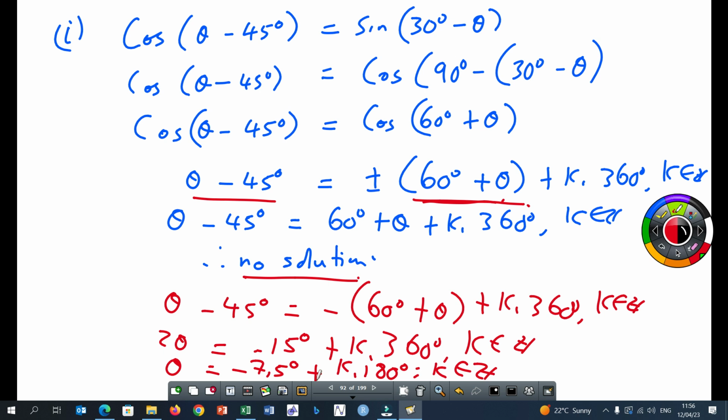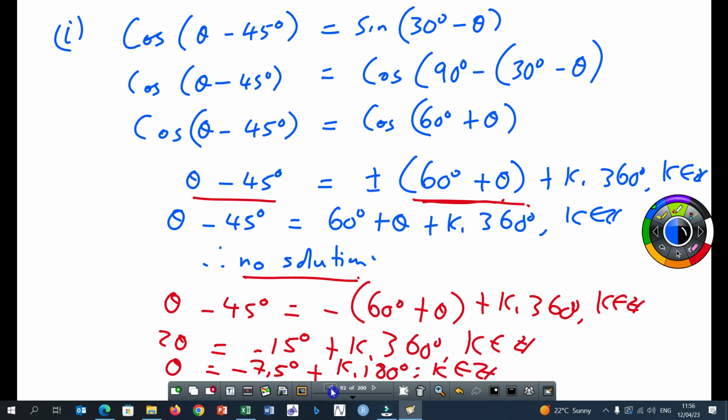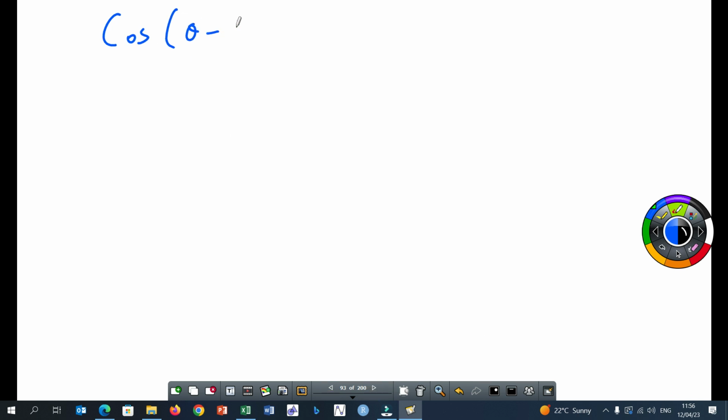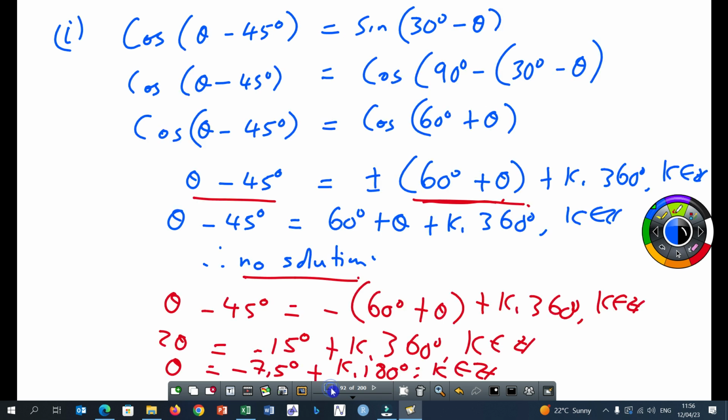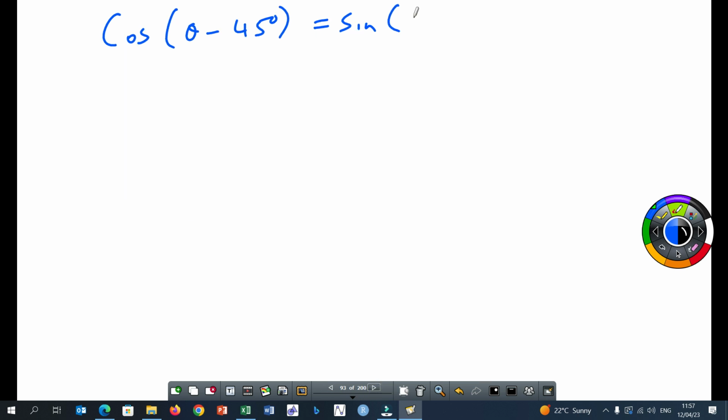If we convert the cos to sine, it's also possible that we might get one solution. But let's check it. So if we do the reverse, that will be cos of theta minus 45 is equal to sine of 30 minus theta.